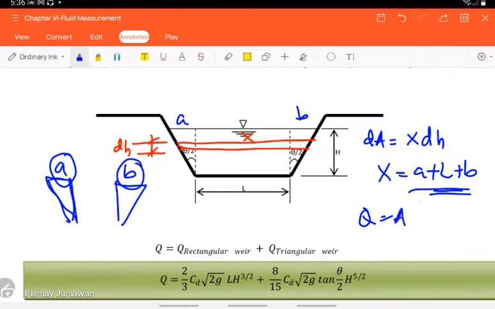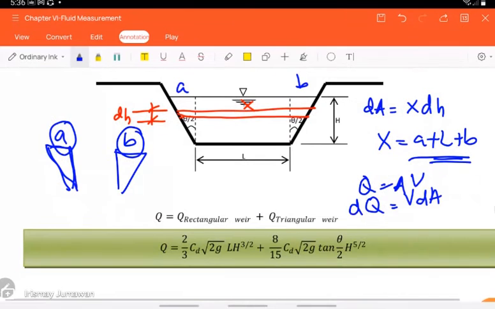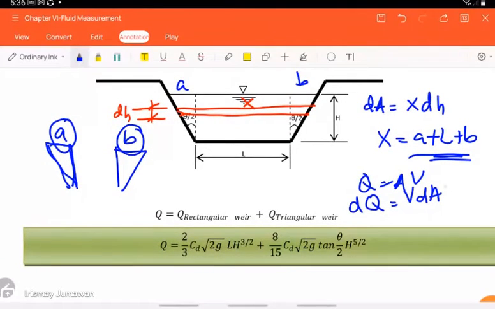As I said, the formula comes from the differential Q, which is velocity times the differential area. Your area is equal to x dh. Then the value of your x comes first. The derivation starts there, until you get the formula.